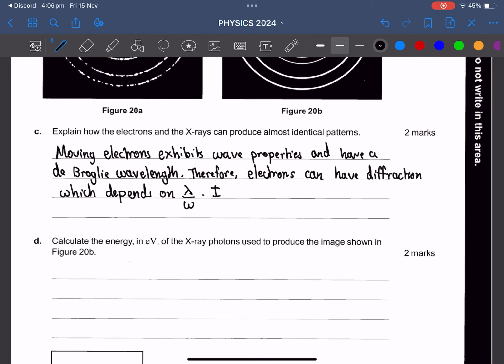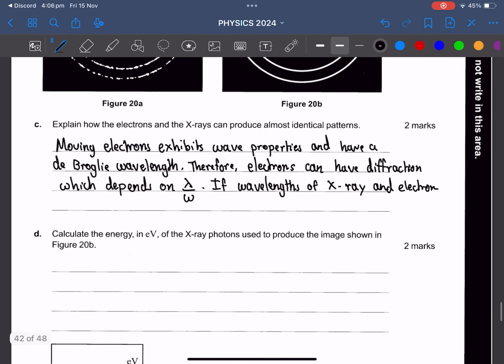So if the wavelengths of X-ray and electron are the same, it produces almost identical patterns.